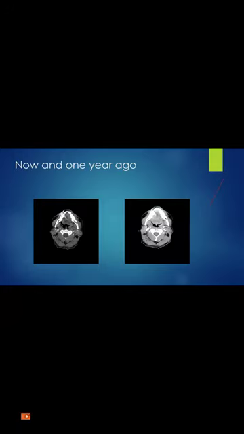This case was a CT neck, and the image on the right is 1 year ago, and the image on the left is now. Anybody would like to share thoughts?